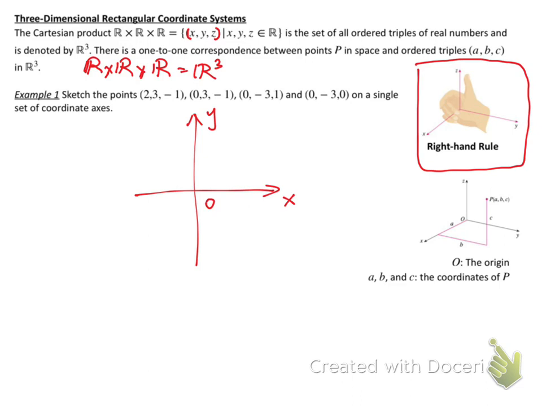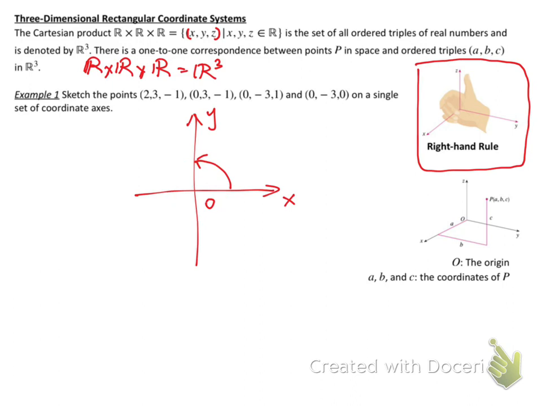If I want to go from the positive direction of the x-axis to the positive direction of the y-axis, I can go this way, or I also can go this way, but this is the shorter way, 90 degrees. This is the longer way, 270 degrees, right? So we go with the 90 degrees, not the 270.